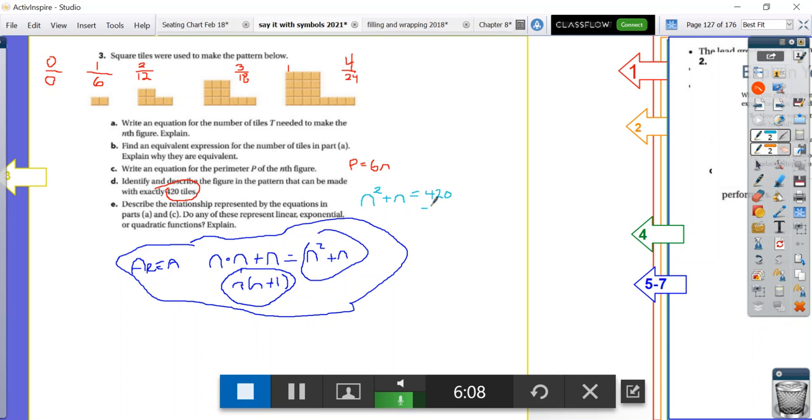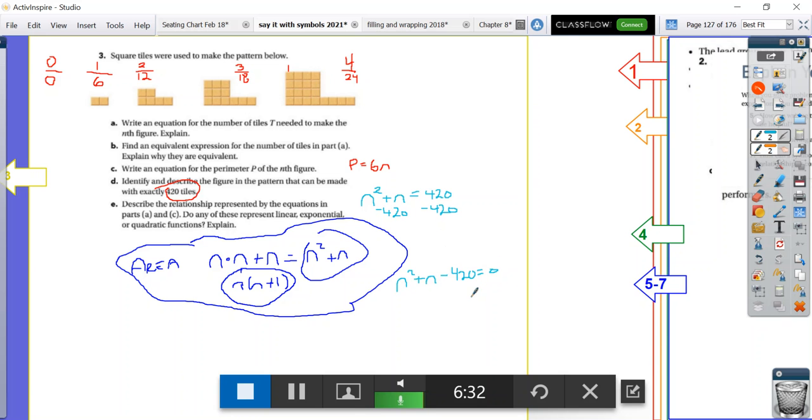So my first step is to subtract 420 from both sides. And so that will give me n squared plus n minus 420, and that has to equal 0.